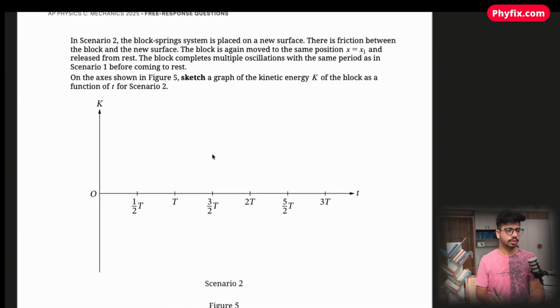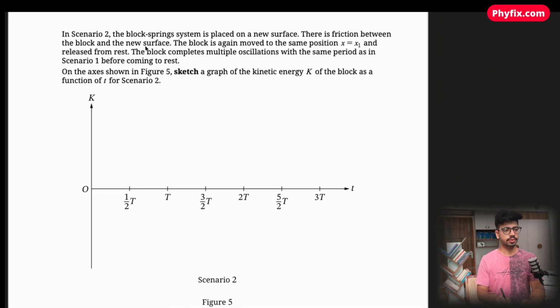So in scenario 2, the block and spring system is placed on a new surface. There is a friction between the block and the new surface. Just please note that down.